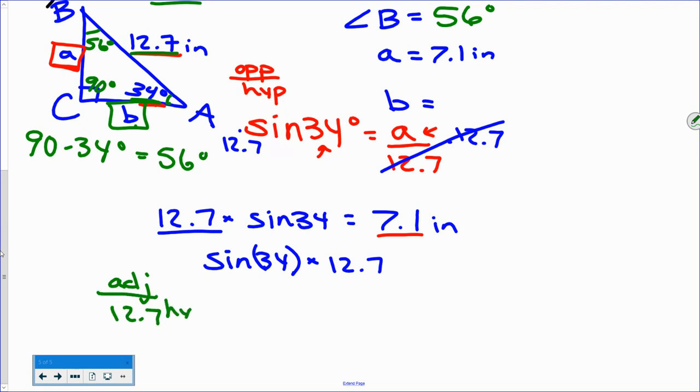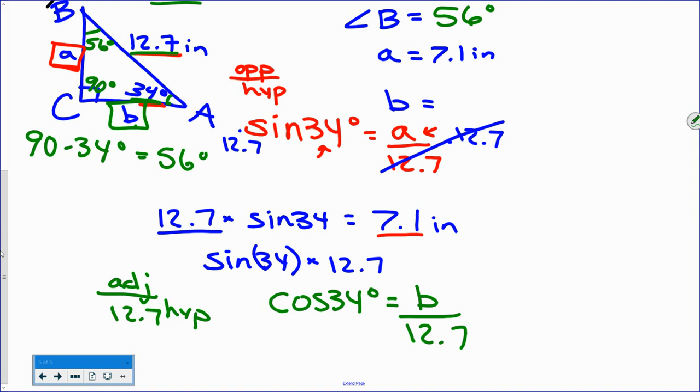So my adjacent side and my hypotenuse would use cosine. So I can set up an equation of cosine of 34 degrees would equal my side B over the hypotenuse of this triangle.